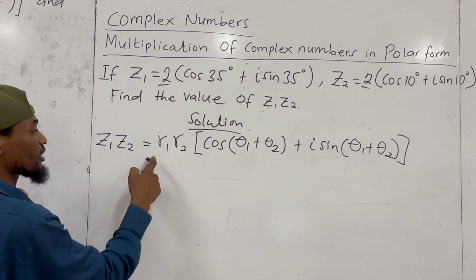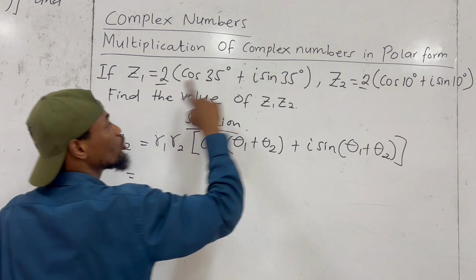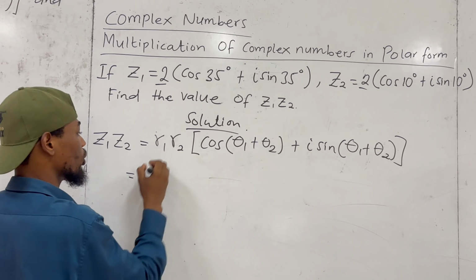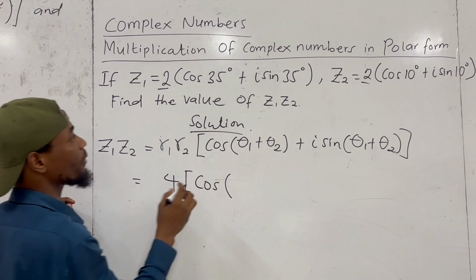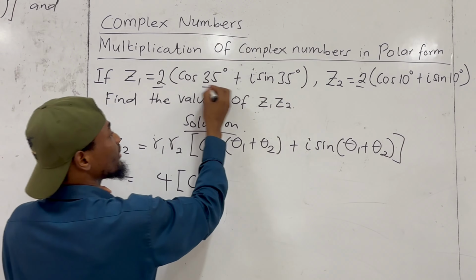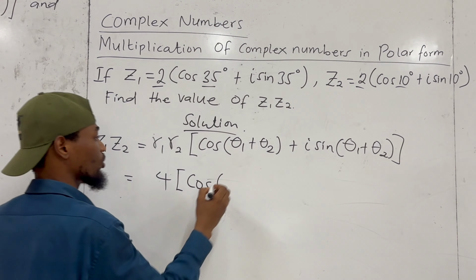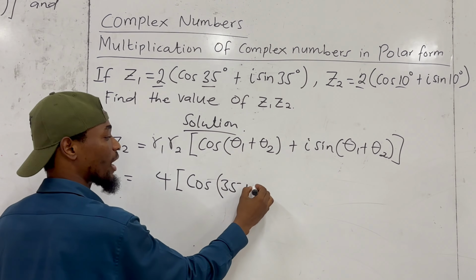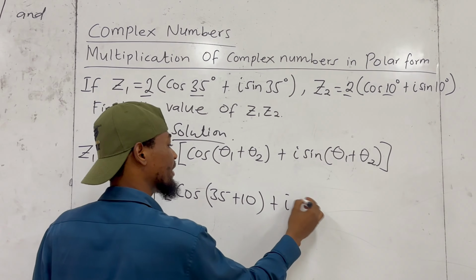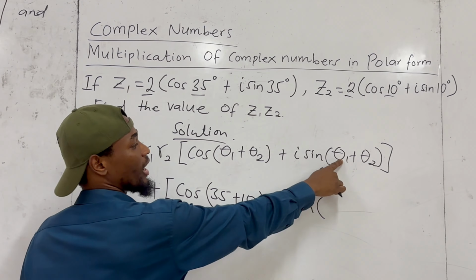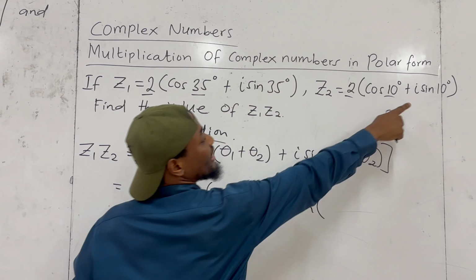So it's the same as this: r1, r2. So 2 by 2 gives 4. So I have 4 multiplying cos, then I add 35 plus 10, plus i sine, 35 plus 10 again.